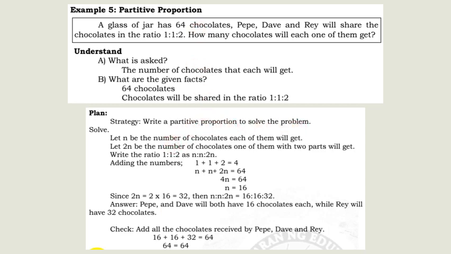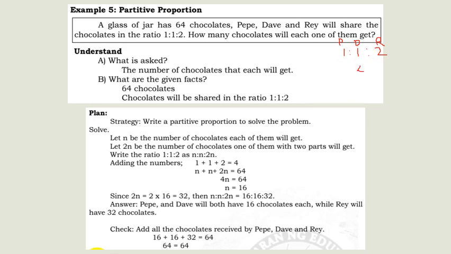So, paano po yun? So, ito yung atin, di ba? Meron tayong 1:1:2. So, ito yung kay Pepe, ito yung kay Dave, at saka ito yung kay Ray. So, paano po siya gagawin? Ilan lahat yung parte natin? So, we have 1 plus 1 plus 2 is 4.